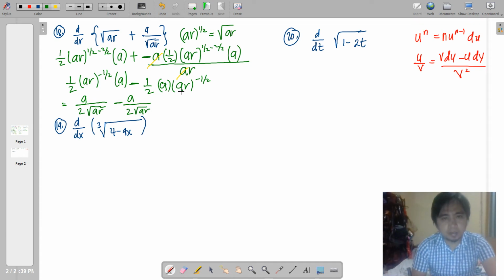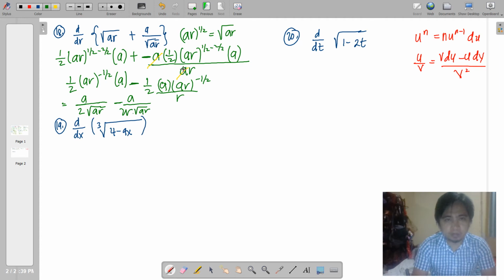And by the way, ito may R din dyan. All over R. That is why ito. Dapat may R dyan. Okay, kasi pag wala yan, it will just cancel to 0.